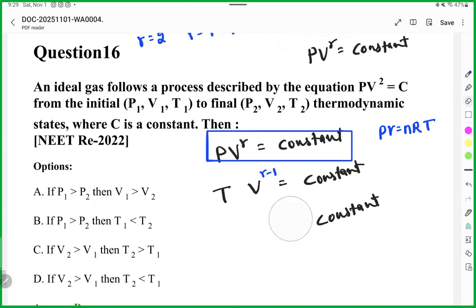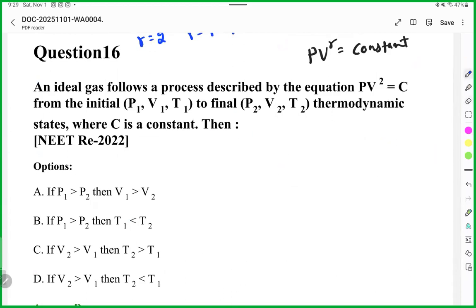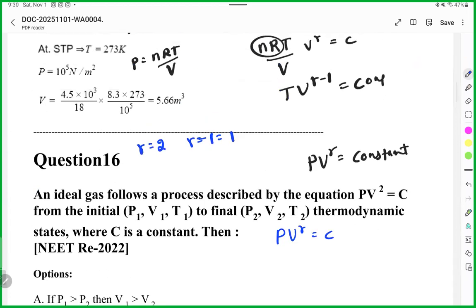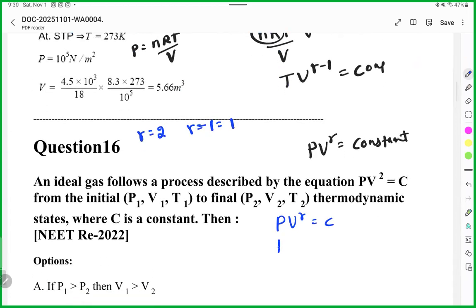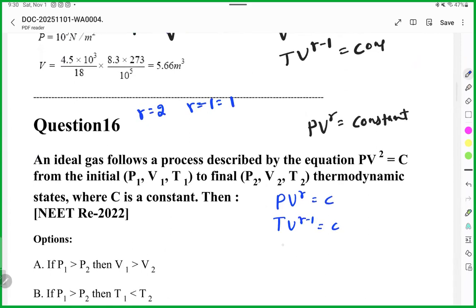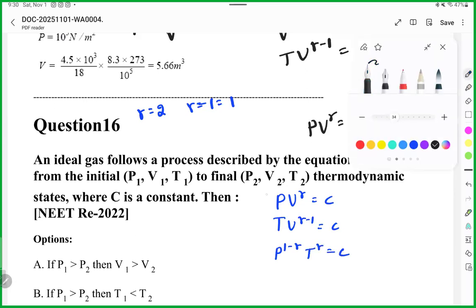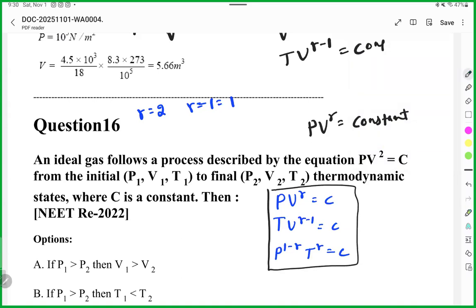So now you know these three equations. PV gamma is equal to constant. Second, the TV form: TV to the power gamma minus 1 is equal to constant. And last, T gamma P to the power 1 minus gamma is equal to constant, right? These were three equations. And the gamma value according to this question is 2.